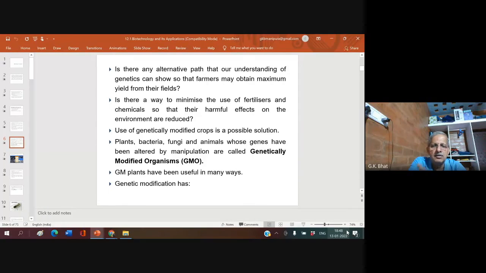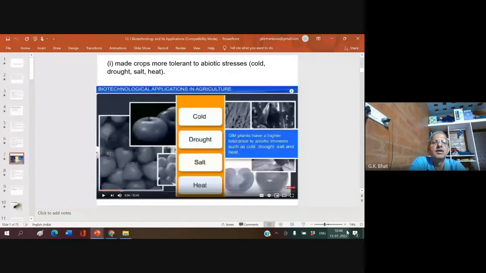GM, genetically modified plants, have been useful in many ways. Genetic modification has made crops more tolerant to abiotic stresses like cold, drought, salt, and heat.